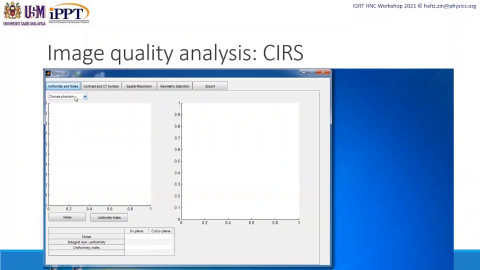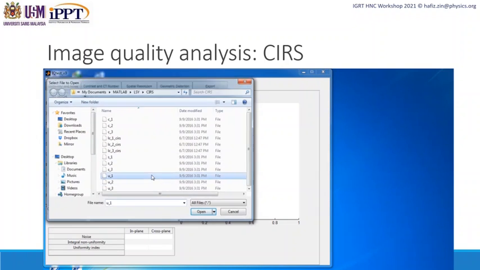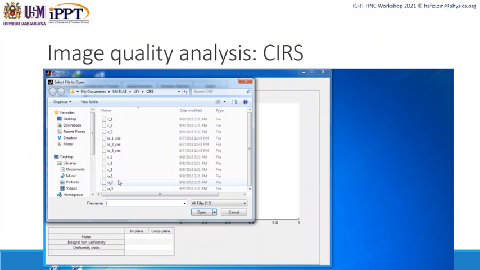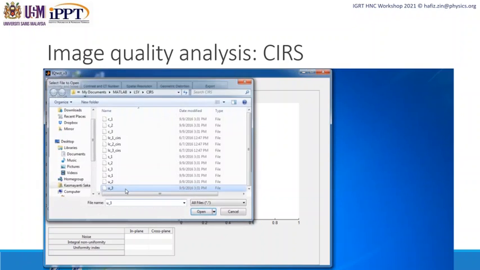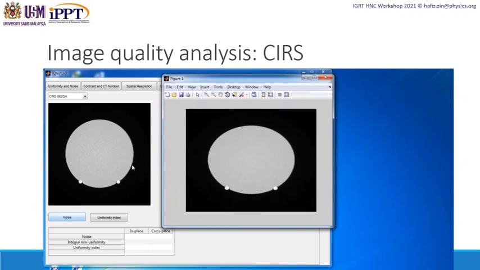So the first one is the image uniformity and noise analysis. First we select the corresponding slices on the images that we obtain during Cone City imaging. We have to bear in mind that we have to use the same imaging parameters for every test, and it should also be the same imaging parameters that we used during acceptance testing.